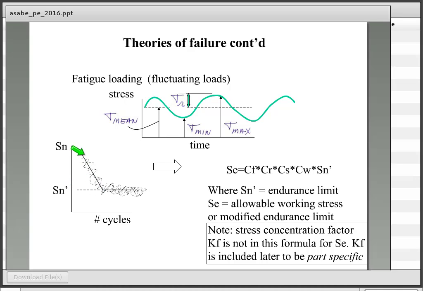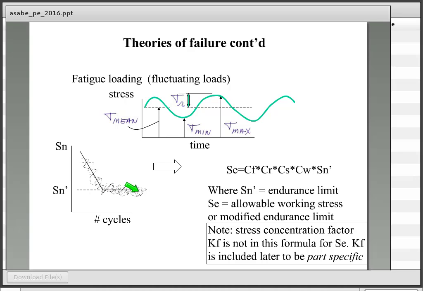For ferrous materials like steel, iron, you can go look in handbooks and you can find a plot of data. These little dots indicate scatter from a bunch of specimens that were tested. But it would generally follow a line which continues to require less and less stress for increased numbers of cycles until you get to the endurance limit, and then theoretically you might be able to go several million cycles without failure. It would level off.